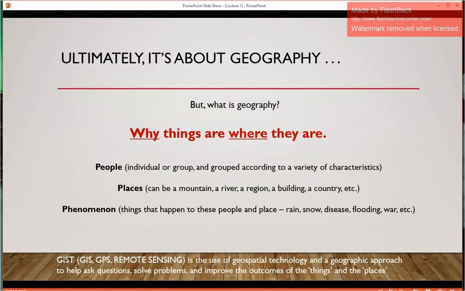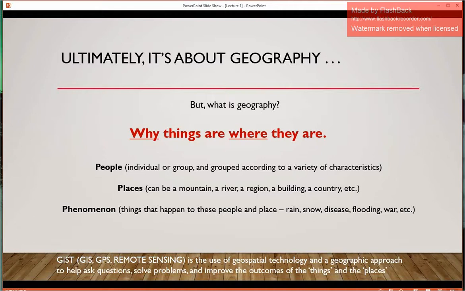So ultimately, it's all about geography. As a geographer, of course, I like to think that it is the purpose. It's called geographic information science. But geography is understanding why things are where they are. It's understanding relationships. And ultimately, that's what our technology is allowing us to explore in even greater depth as we amass more and more data.